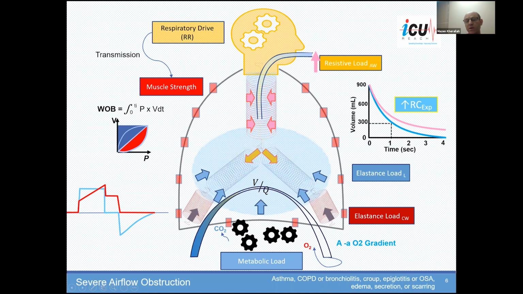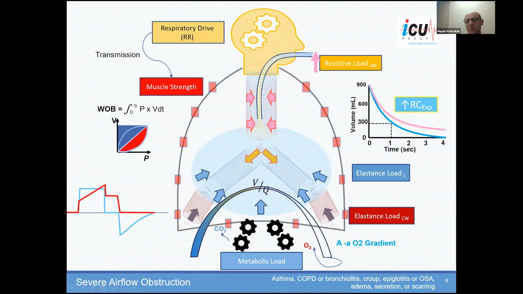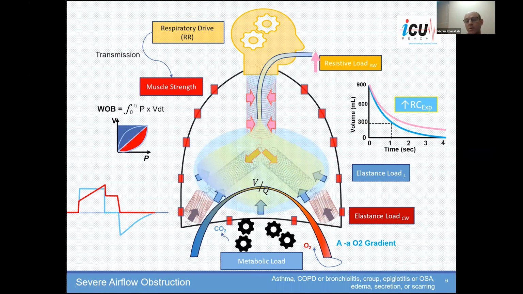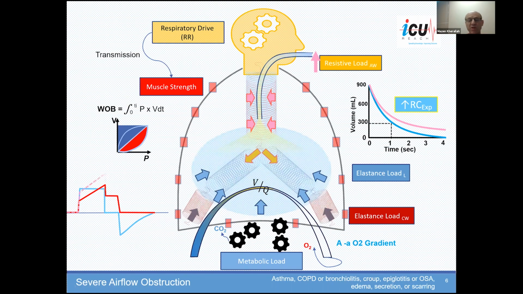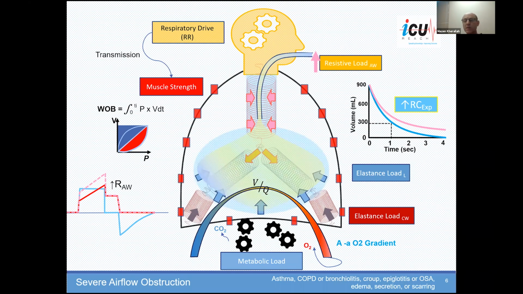Otherwise, you would have auto-PEEP or dynamic hyperinflation syndrome. The elastance, if there's no other pathophysiology or pathology in the lung, would be normal for that patient. And the VQ mismatch would be dependent. Usually it is elevated.